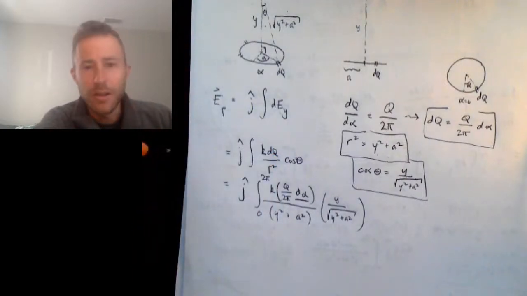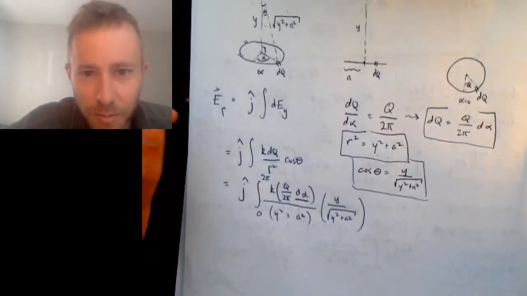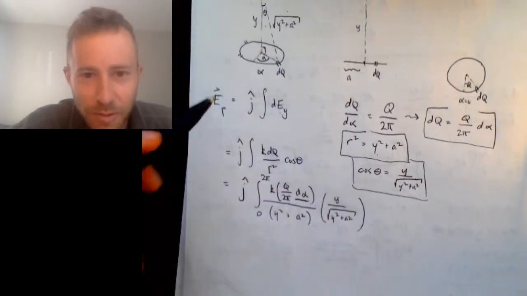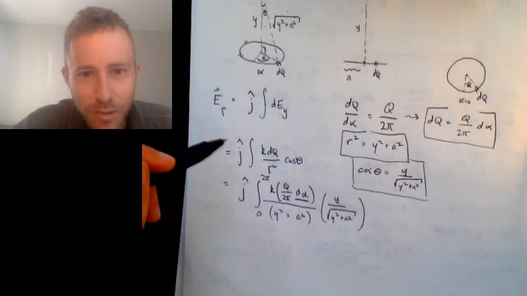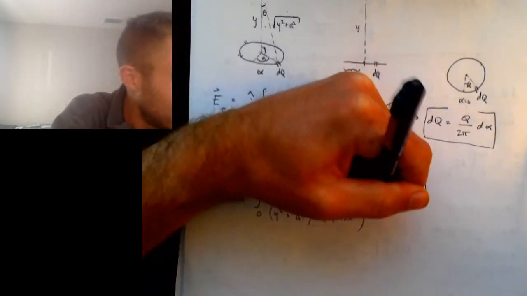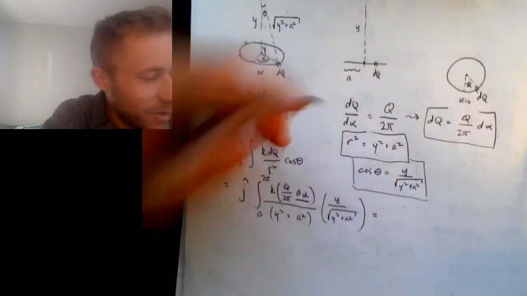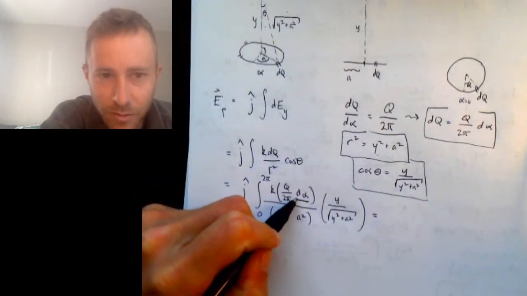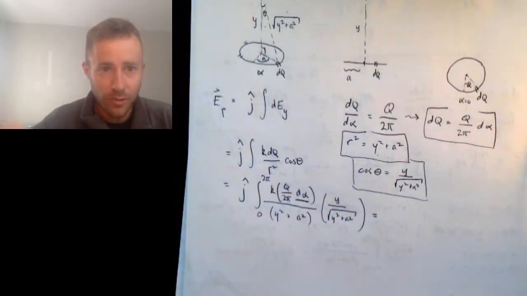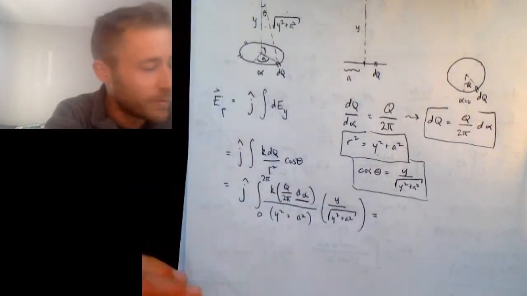Now here's the really nifty thing about this problem. Nothing depends on alpha. So we can literally factor everything out. Anything that does not depend on alpha is effectively a constant, which can be factored out of the integral.